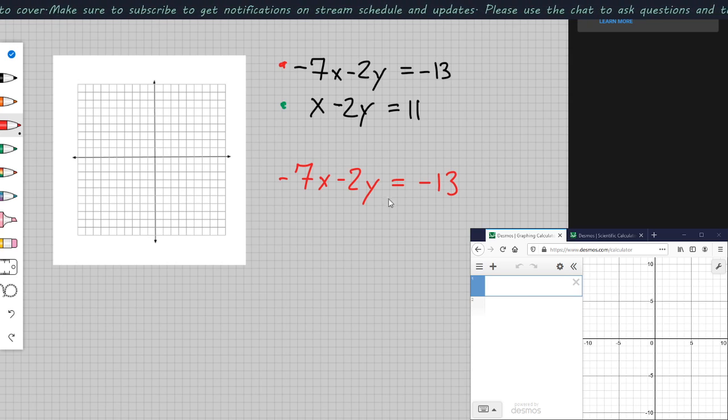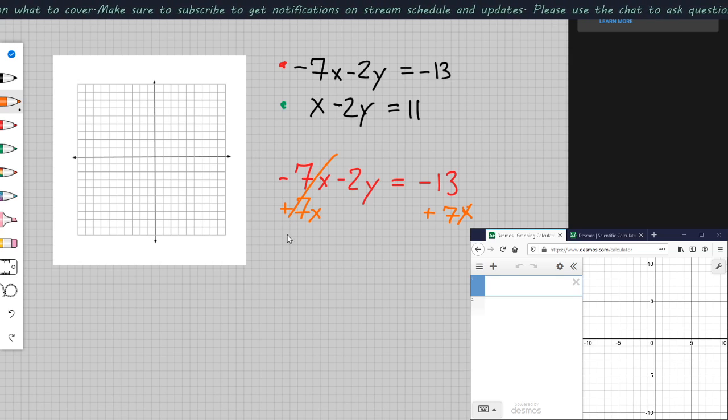Okay, so to do this step, you need to remember literal equations, so you need to be able to isolate one of the variables that they ask you for, and in this case, we're going to isolate y. So to isolate y, I am going to add 7x to both sides to get rid of the 7x.